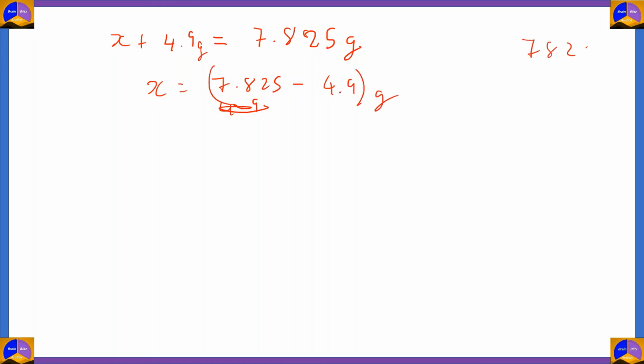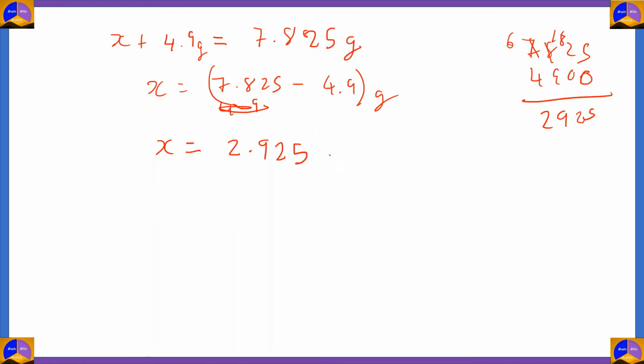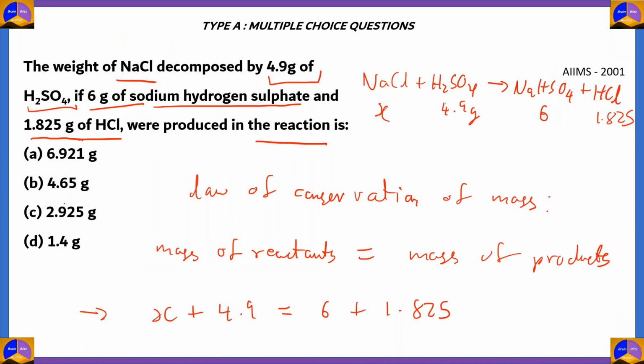So 7825 minus 4900: 5 minus 0 is 5, 2 minus 0 is 2, 18 minus 9 is 9, and then 6 minus 4 is 2. So X is equal to 2.925 grams. And if you look at our options, we find that option C, 2.925 grams, is the right answer.